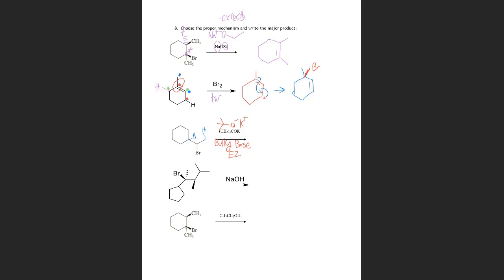Because this base is bulky, it's going to be slower if it interacts with the more substituted carbon. So for that reason, it's going to quickly interact with the less substituted carbon, or the less substituted hydrogen. And so it's going to attack that hydrogen, make those go here, make this go here. We get this product. So this is the Hoffman product.